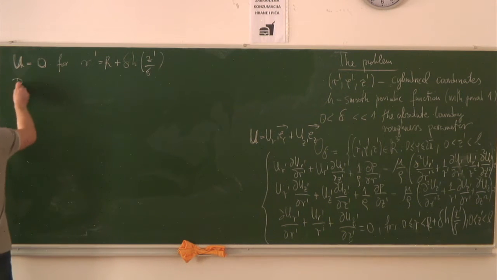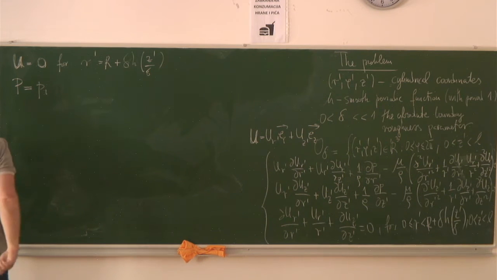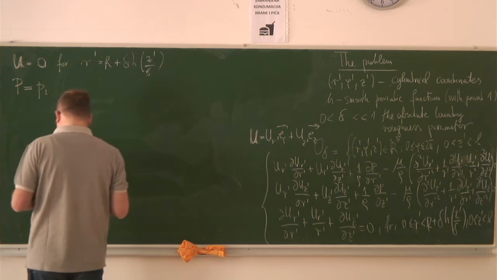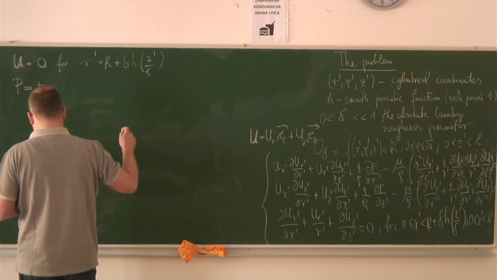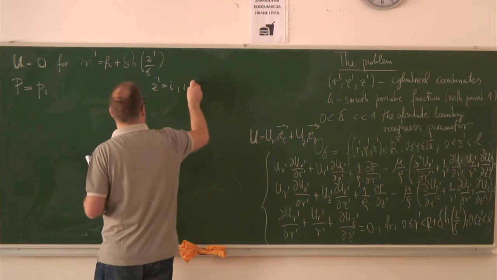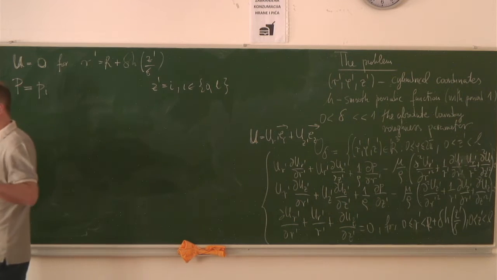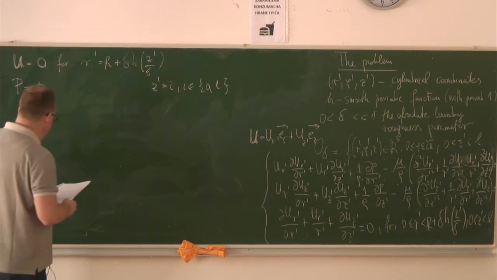And we prescribe the pressures on the pipe's ends. And we always assume, in order for the fluid to flow, that the right one is smaller than the left one.